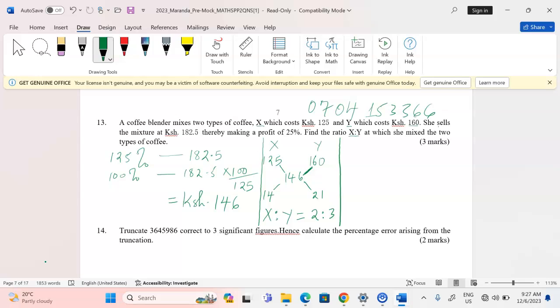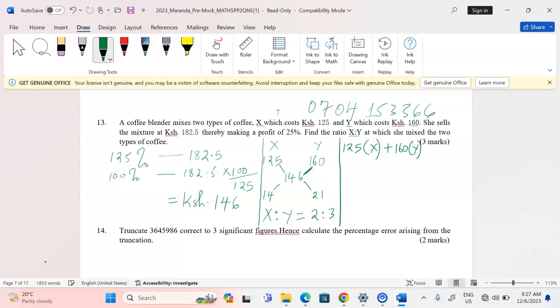Again, alternatively, we can say when we take X, which is costing 125, X kilograms of coffee, then plus for the type Y, costing 160, Y kilograms.